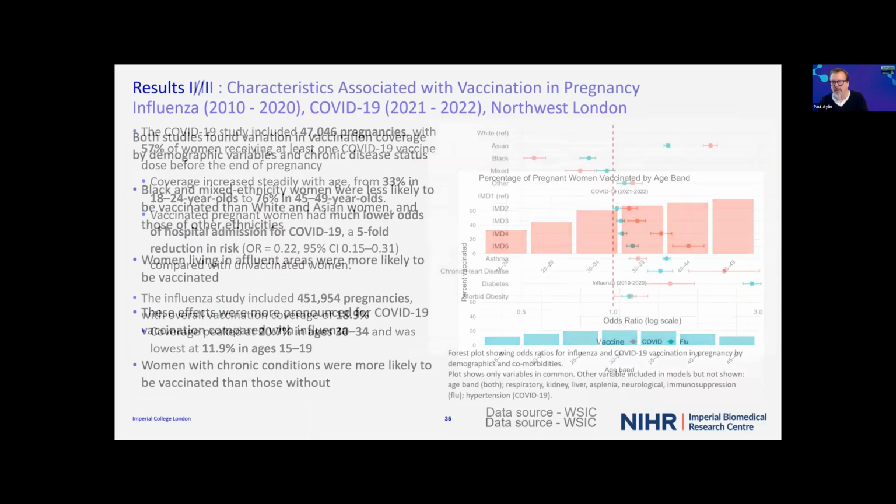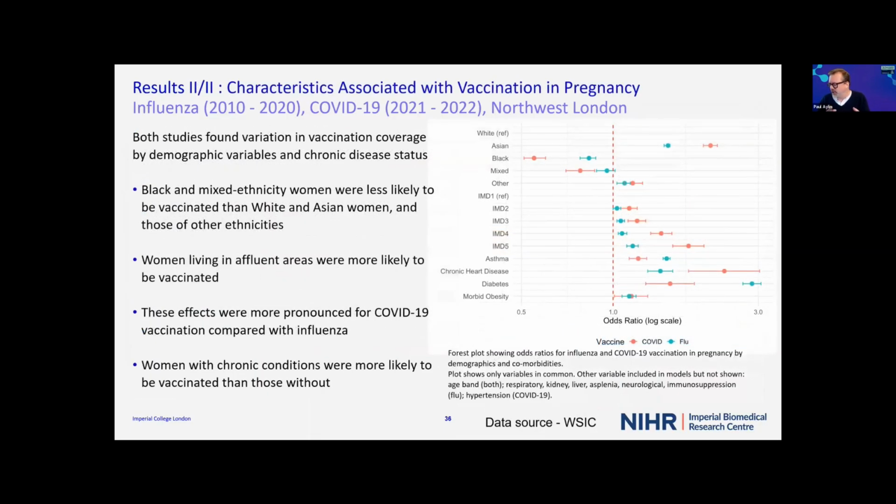But more importantly, we also found quite stark differences in vaccination rates by ethnicity and by socioeconomic deprivation. And we've been able to use some of that information to talk to the local ICB about how they can change their strategy in terms of vaccination rates.